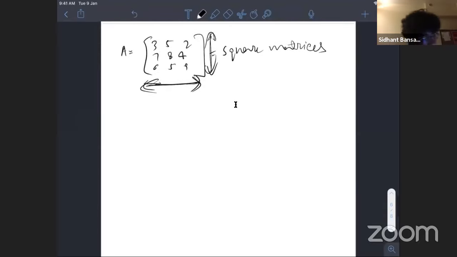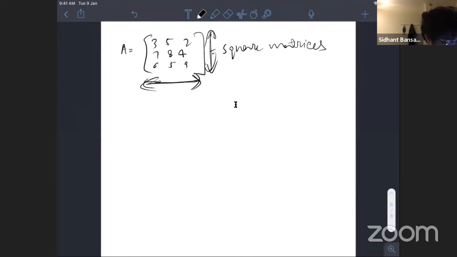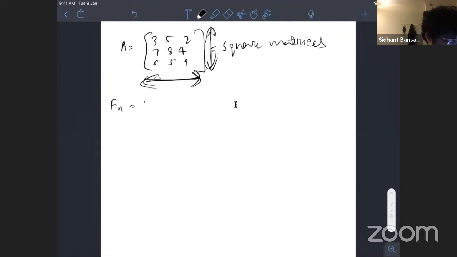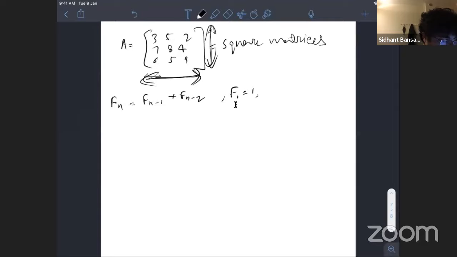What's the motivation? The motivation is Fibonacci. You have this recurrence, Fn is equal to Fn minus 1 plus Fn minus 2, and F1 is equal to 1 and F2 is equal to 1, let's say. And you want to create new values. How do you go about this?